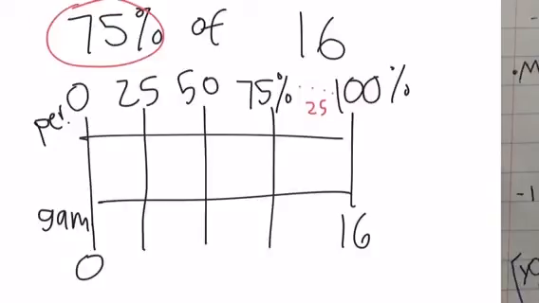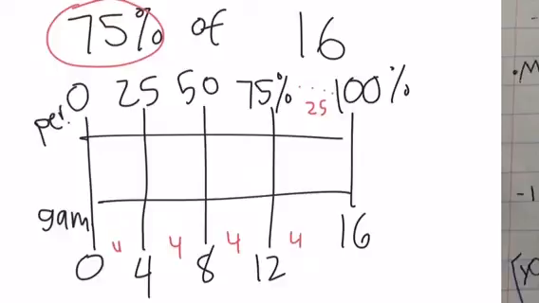If we split this up into 4 sections, 1, 2, 3, and 4, 16 divided by 4 is 4. So we do 16 minus 4 here, which is 12, 12 minus 4, which is 8, 8 minus 4, which is 4, and 4 minus 4, which is 0. Okay, so in between here, there's 4 on each.